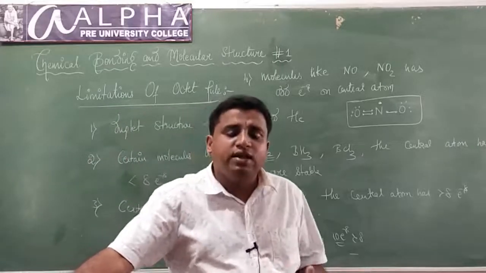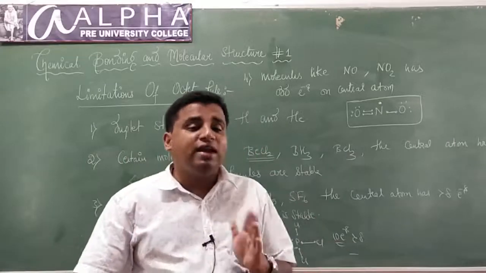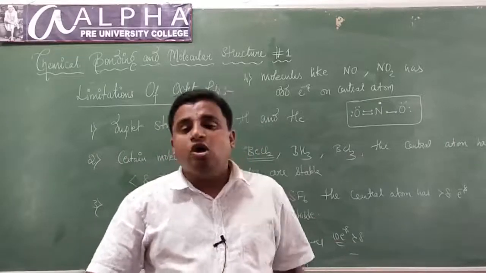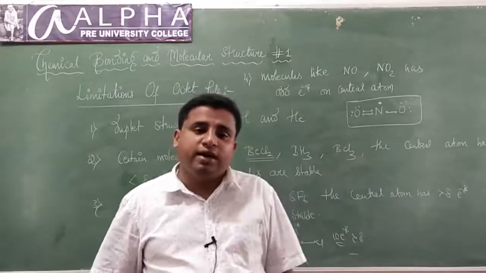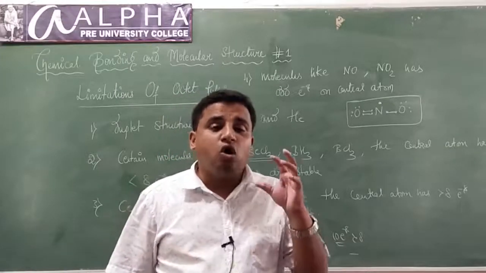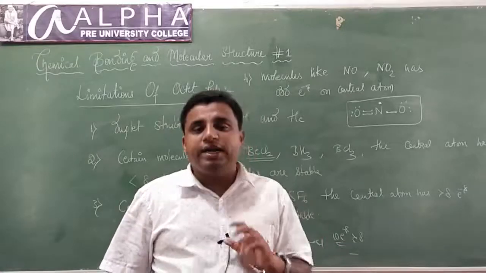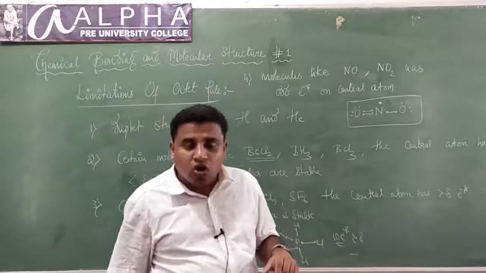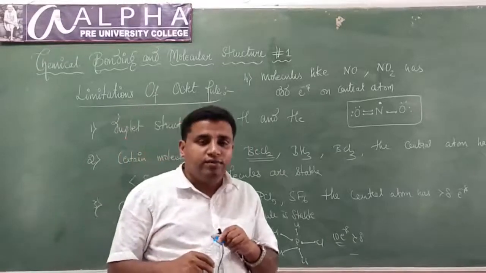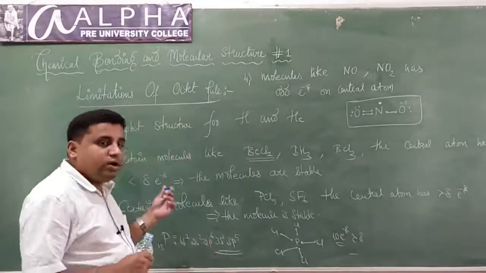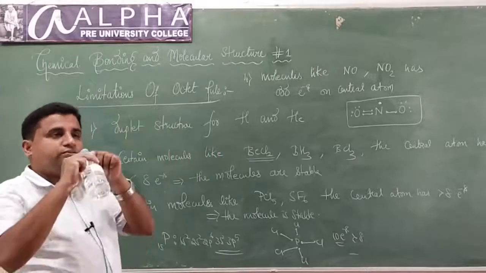They either have less than 8 electrons or more than 8 electrons, or they carry an odd number of electrons. So that is about the octet rule and the limitations of the octet rule, students. Are we clear? Now let us go with the next concept.